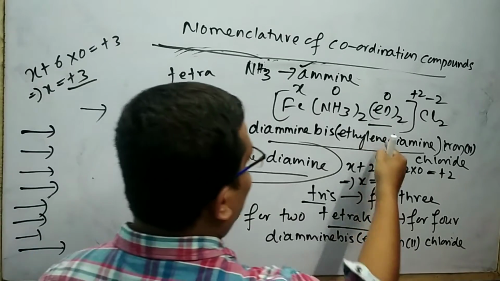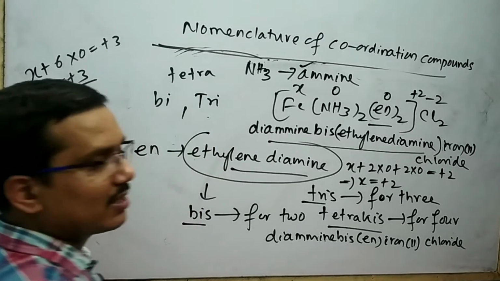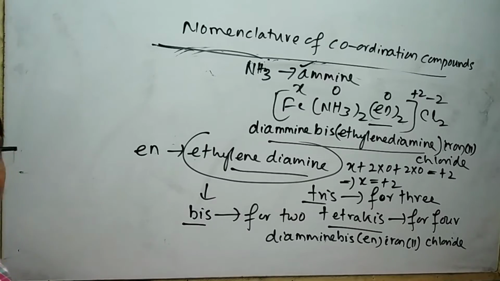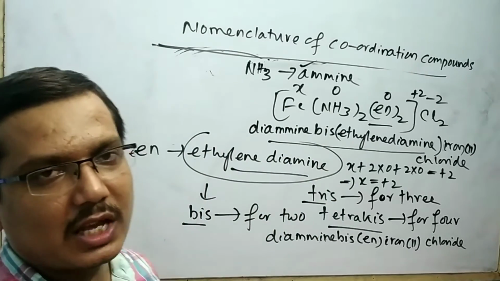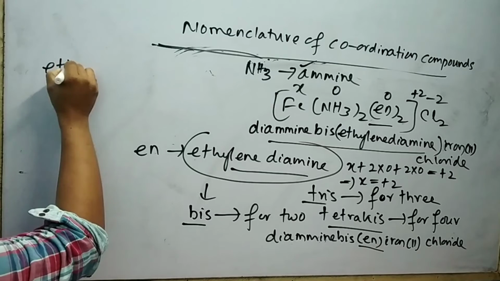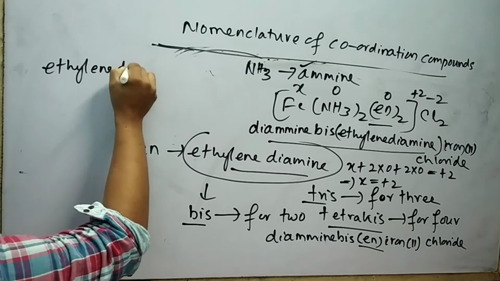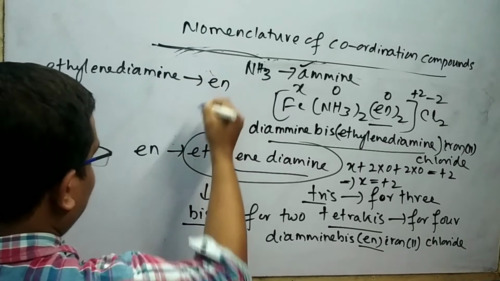You can write the name of the ligand, or you can also write the symbol of the ligand. Remember an important point: some complicated organic compounds are also represented by a symbol, just like ethylenediamine is symbolized as en.